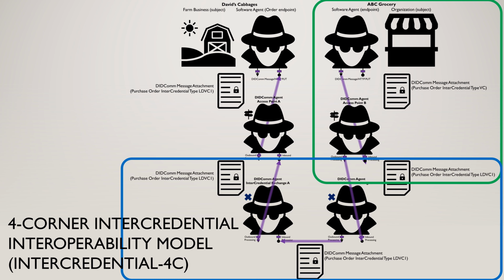And that's going to be received by credential exchange agent A that's paired with access point A. Access point A is going to receive the credential, and it's responsible for taking the LD VC1 formatted credential and just passing it straight up to David's Cabbages, because David's Cabbages, as part of the contract, understands LD VC1s.